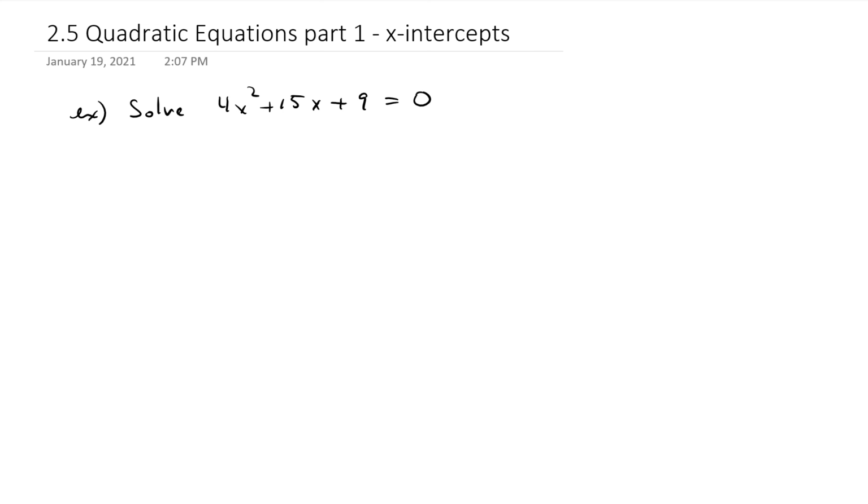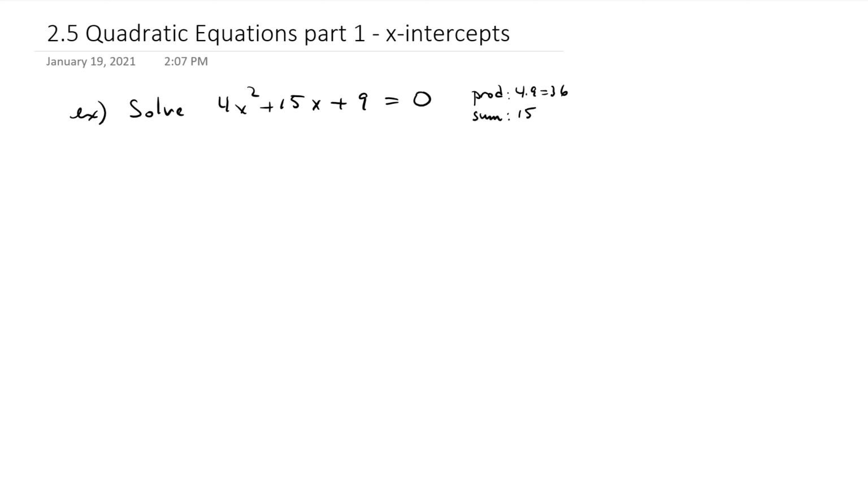If I solve this equation, I'm going to use a factoring method, if possible. I want to split the middle term, 15x, and for that I need two numbers such that their product is 4 times 9, which is 36, the product of a and c, and their sum is 15.